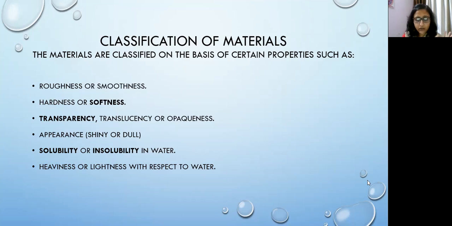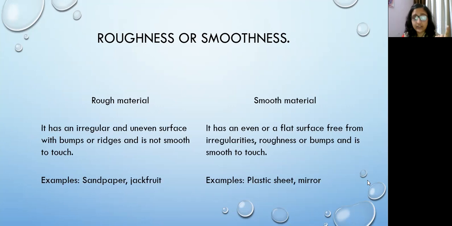Fine. So let us talk about the first property, that is roughness or smoothness. You all know what is roughness and what is smoothness, है ना? Roughness क्या होगा? Suppose all of you must have seen the roads and all. If you touch the road, what will happen?